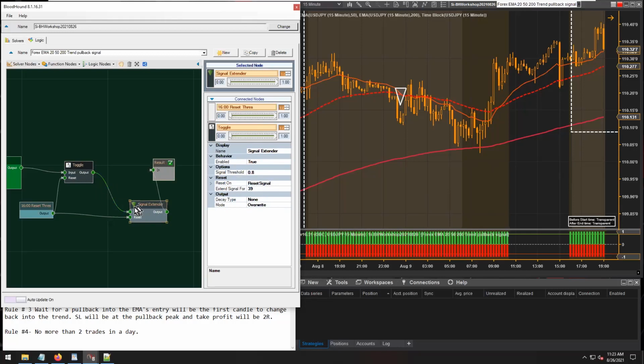I'm trying to think of a good way to explain this. So I need to inject something right in between the toggle node and the signal node.